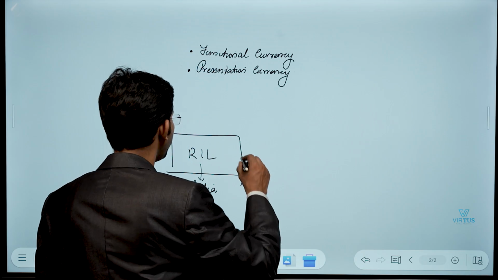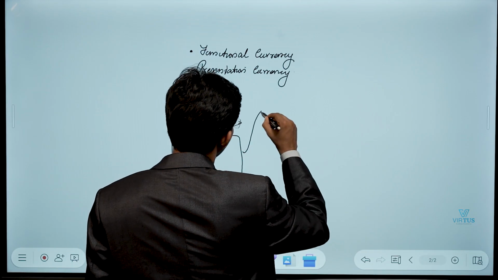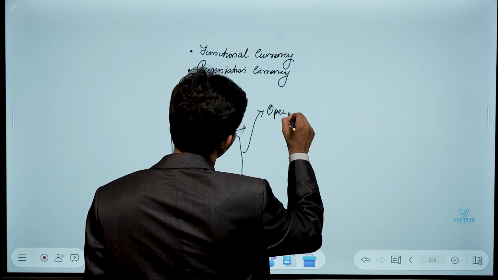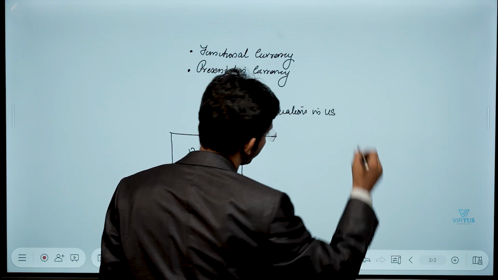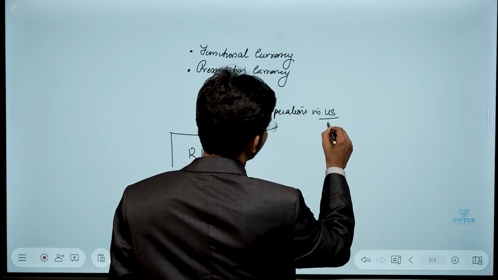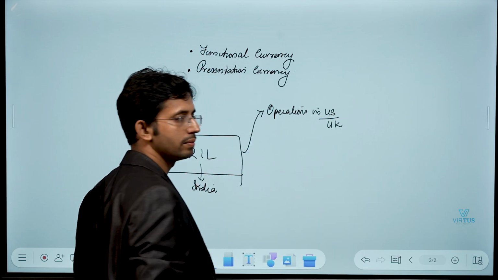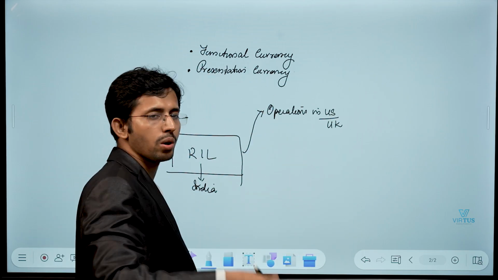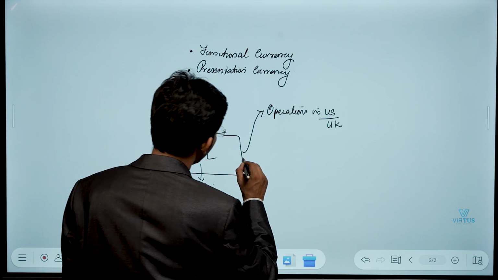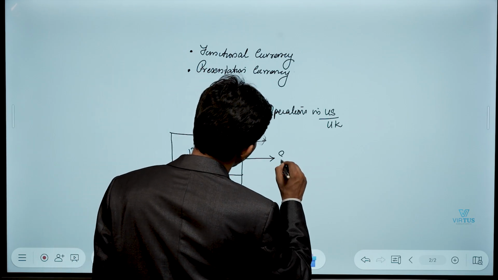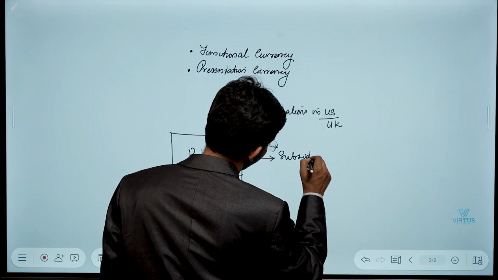Now this company might be having some operations in, let's say, US. Then it may be having operations in UK. Many, or we can even say almost all the countries across the world. Similarly, this might also have subsidiaries.